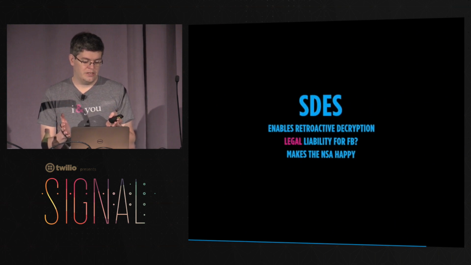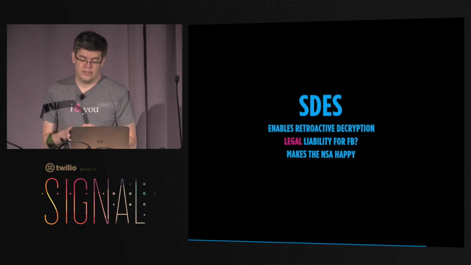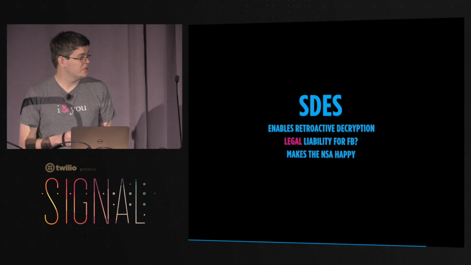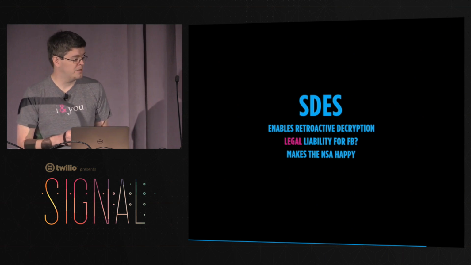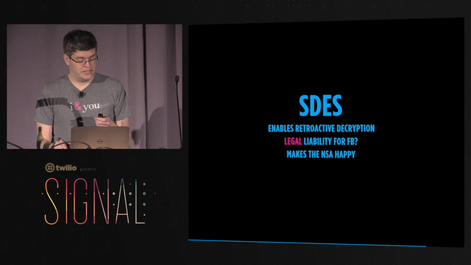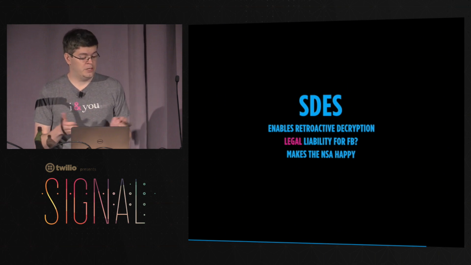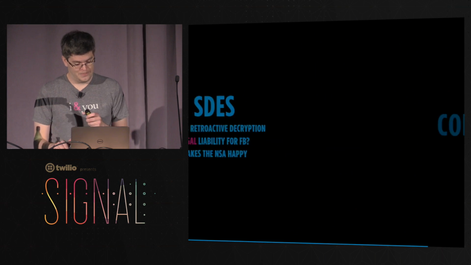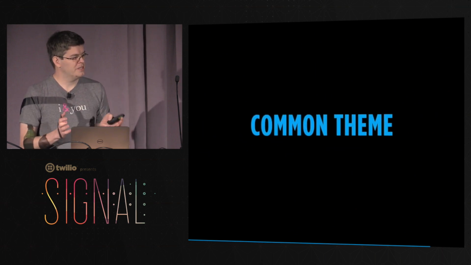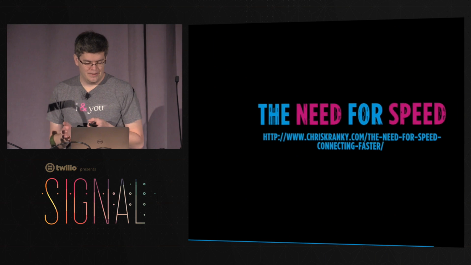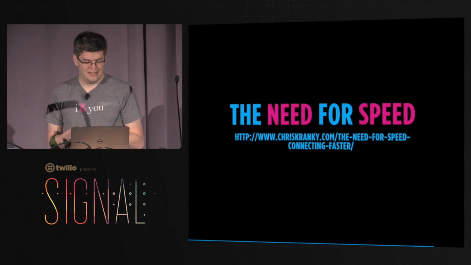So security descriptions enables retroactive decryption, which at some point is going to be a legal liability for Facebook. And of course, it makes the NSA happy if they can get encryption keys for 10% of mobile voice over IP traffic.